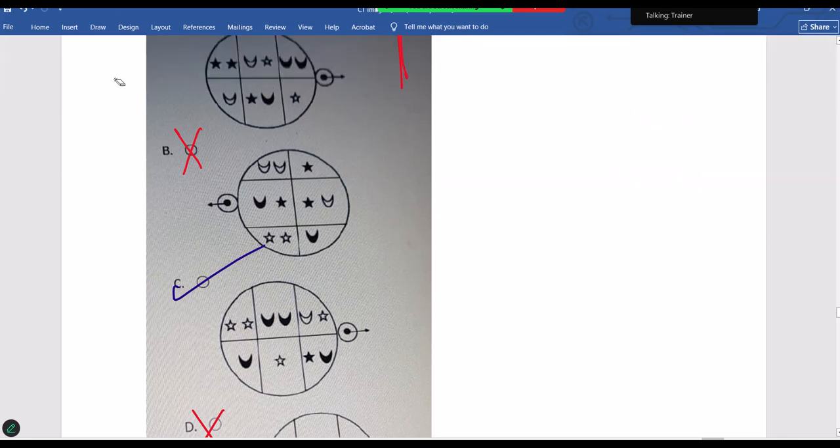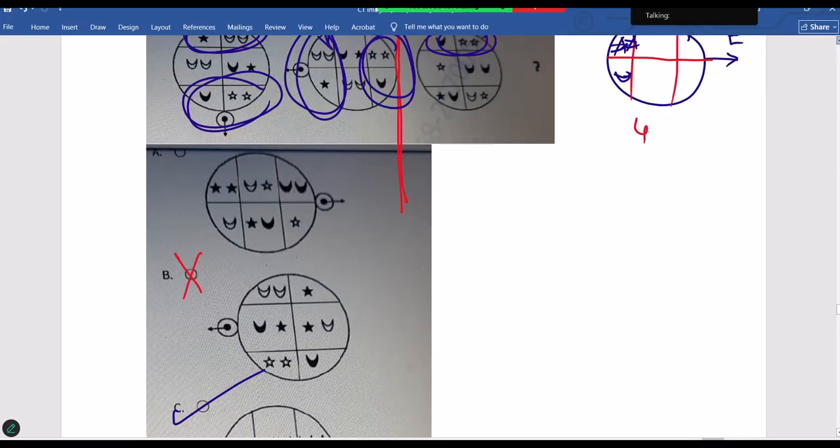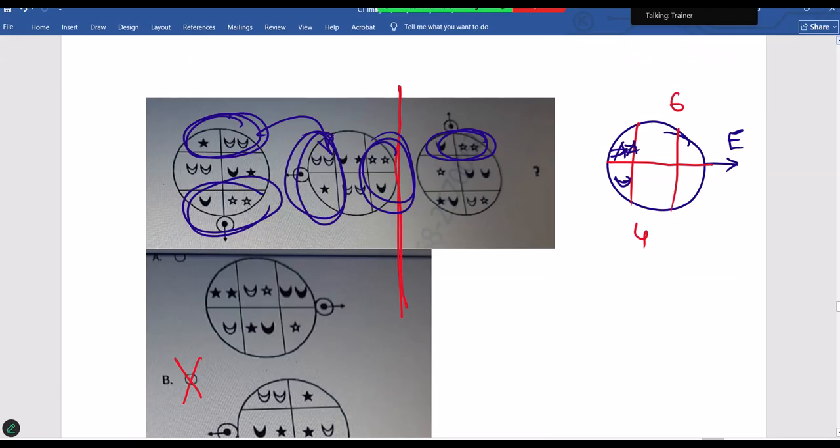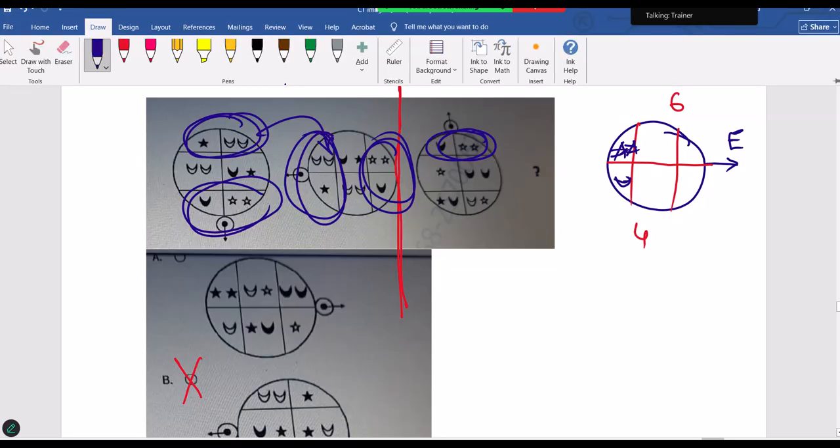One moment. Why C, sir? The shading part. What is the shading part here? See, here the star is shaded, moons are not shaded. These two are linked. Now here the moon is shaded, stars are unshaded. Moon shaded, stars unshaded.